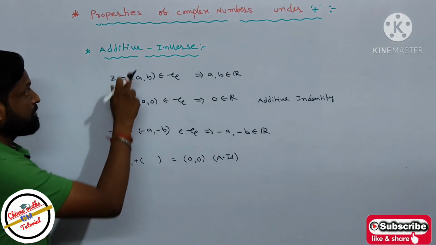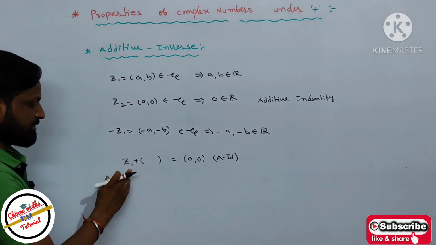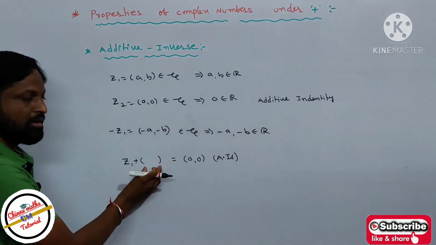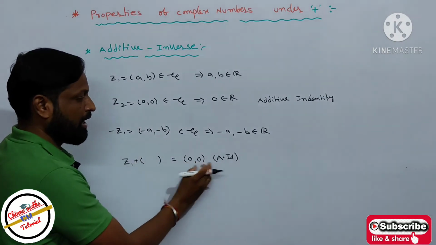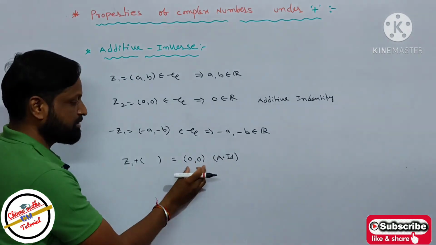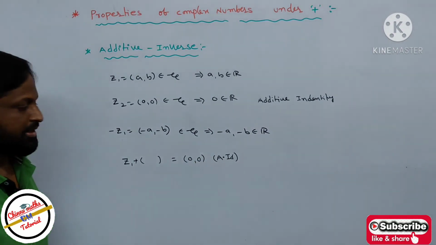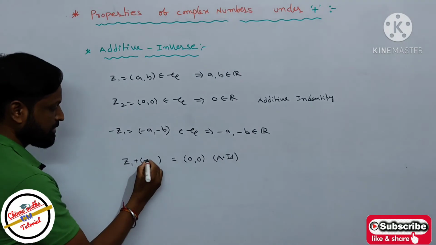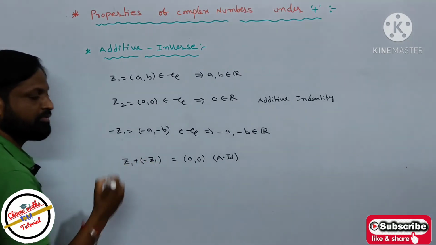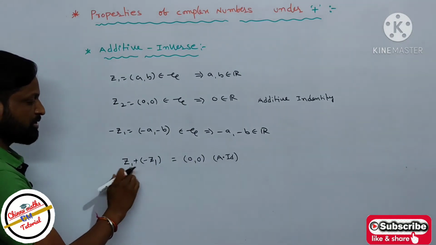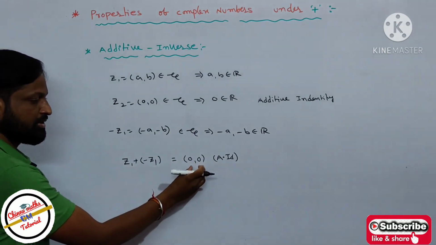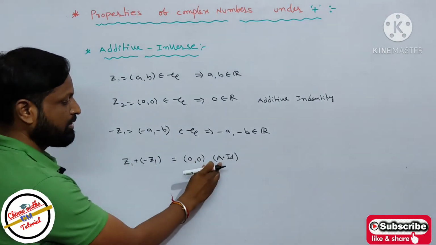Let's see, according to the property, when you add another complex number to z1, it must give the additive identity, that is (0, 0). What is the possibility here? Definitely, if you add the complex number minus z1, then plus z1 and minus z1 cancel, and you get (0, 0). (0, 0) is the additive identity for complex number addition.